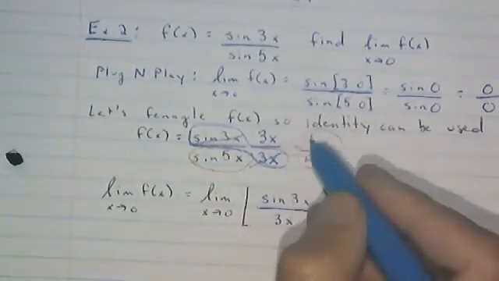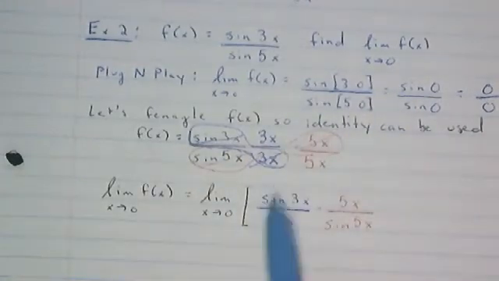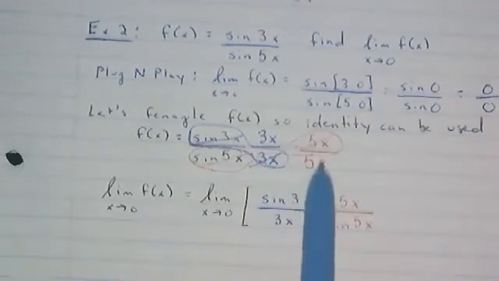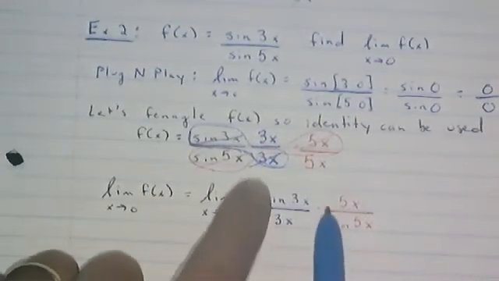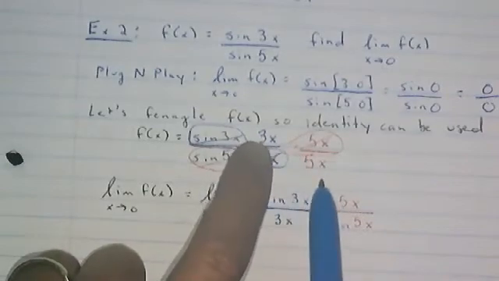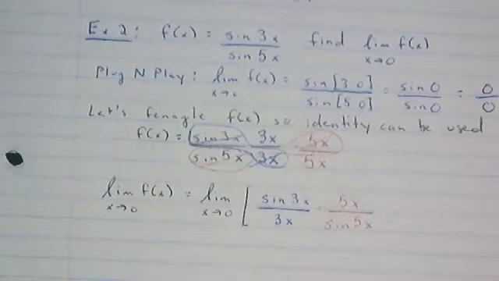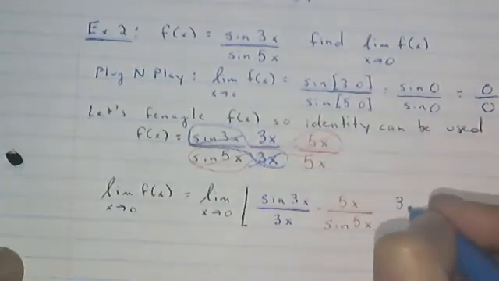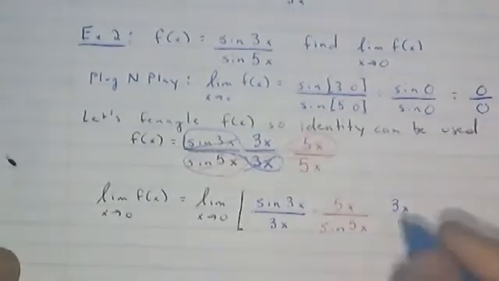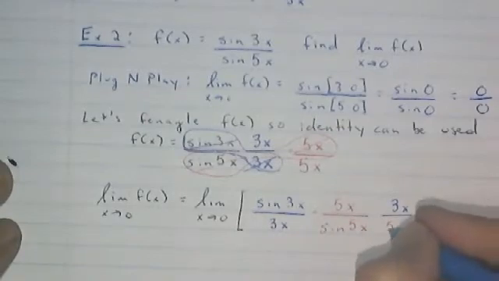Same thing, let's cross out one of those 5x's and the sine of 5x. And if you're careful, accounting for what you've written down so far, then you won't forget what's left. The leftovers are the 3x on top and the 5x on the bottom.